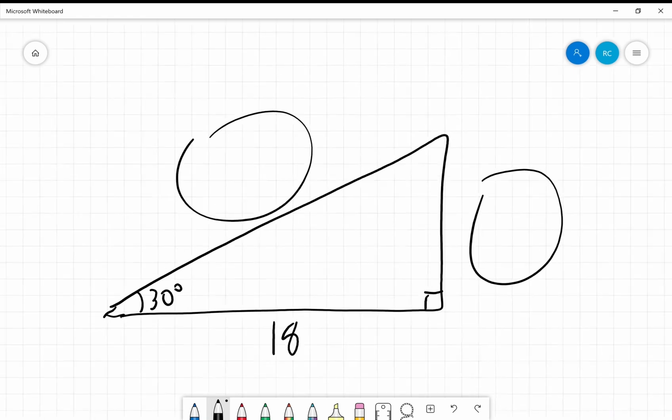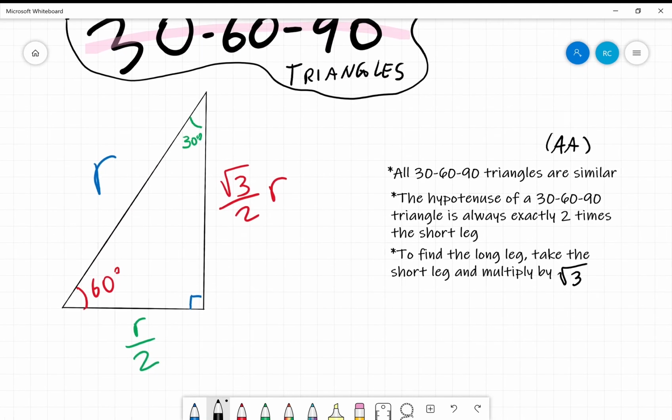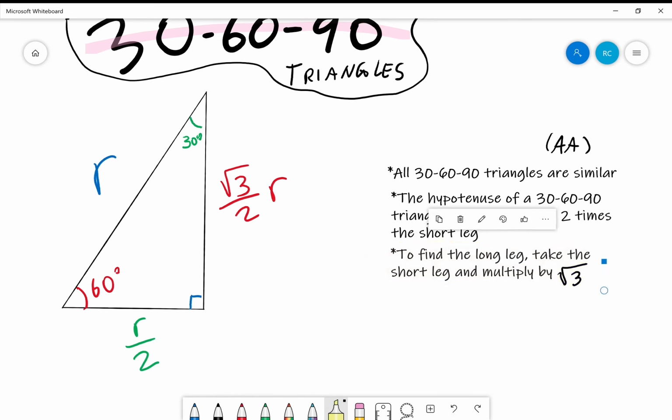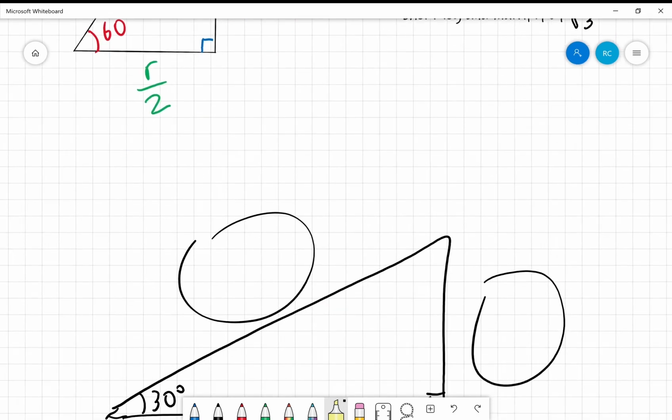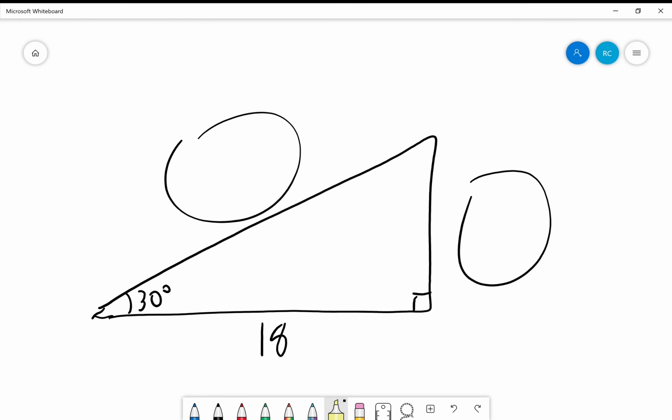Okay, well, my notes tell me that to get the long leg, I take the short leg and multiply it by the square root of 3. Reading that backwards, to get the short leg, you would take the long leg and divide by the square root of 3.